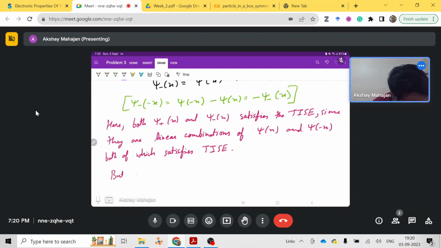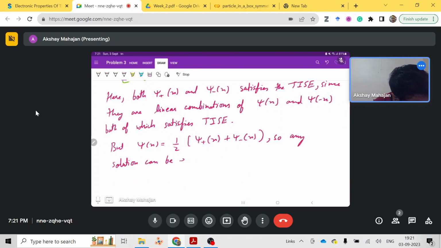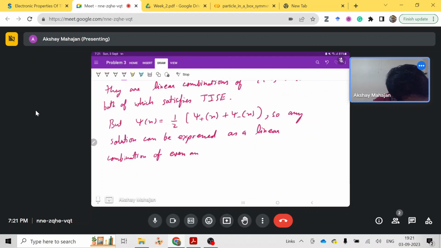But psi of x could also be written as half of psi plus of x plus psi minus of x, this you can check. So any solution can be expressed as a linear combination of even and odd solutions.